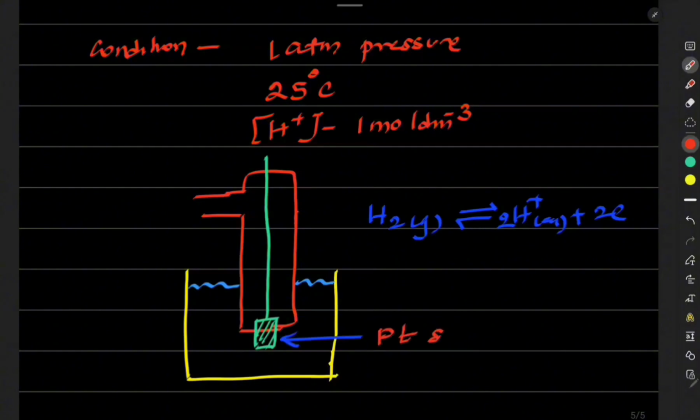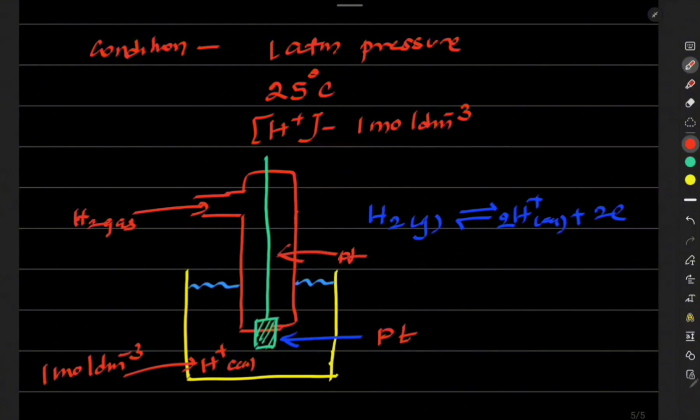This is Pt, and H+ concentration will be 1 mol dm^-3, and here H2 gas is inserted, and this is a Pt wire.